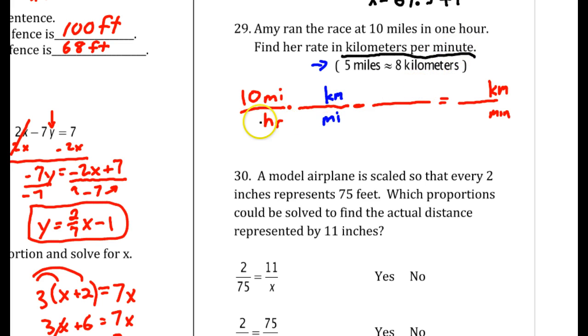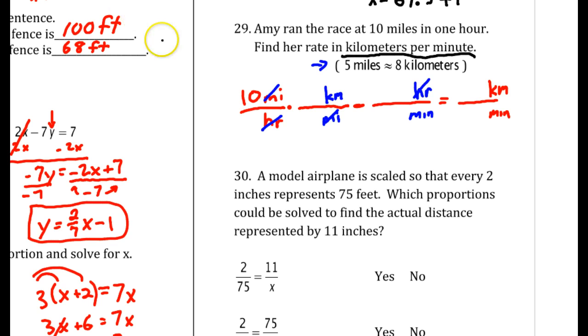Same thing, if hours is on the bottom, I've got to put hours on top. And then my minutes will be left on the bottom, and that's where I wanted my answer. So first I recommend you just get your units set up so you know that, okay, my miles are going to cancel out, and my hours are going to cancel out, and look, I'm left with kilometers on top, minutes on the bottom, and that's what I want in my answer.